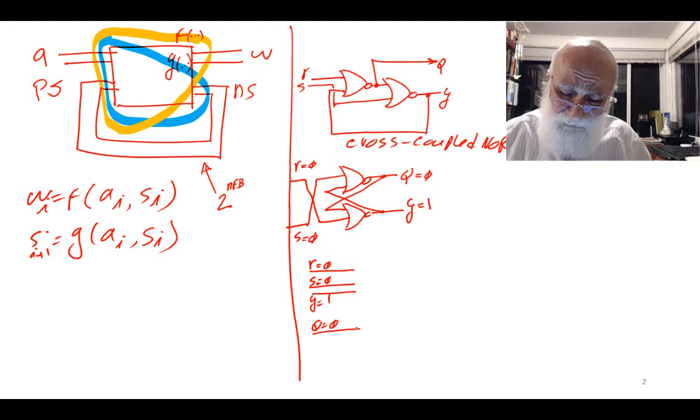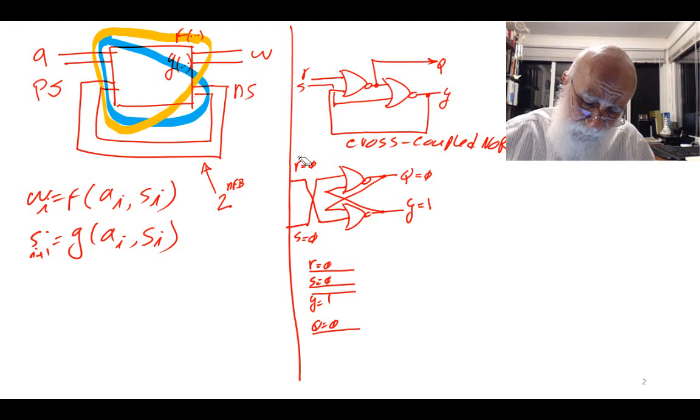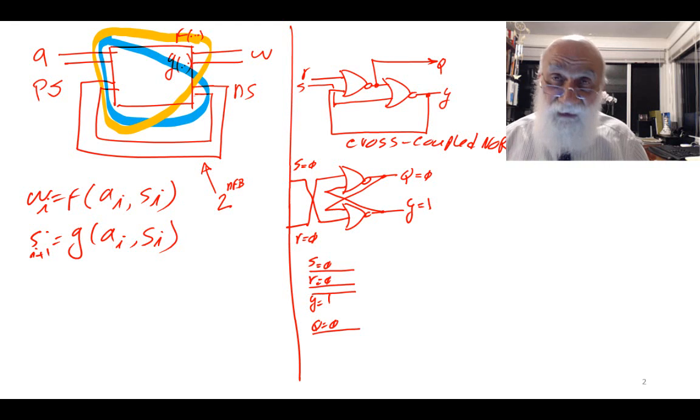A few nanoseconds later, what I like to do is, I'm sorry, I have an error here. This is S, this is R. S is the one on top.